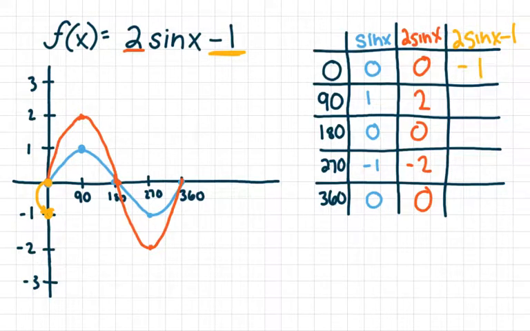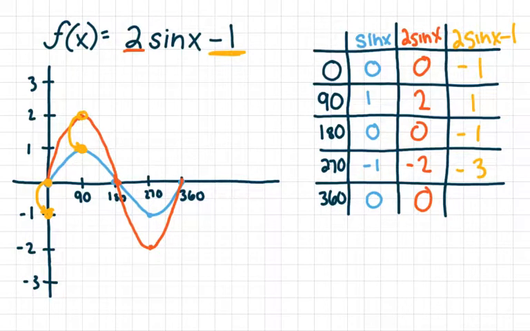This red point up here at 90, 2 gets shifted down 1 space and is now going to be at 90, 1. I do the same for the rest of my points. 180 now becomes a -1. 270 now becomes a -3.